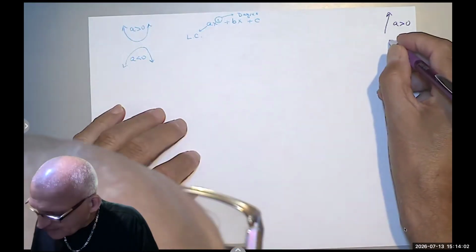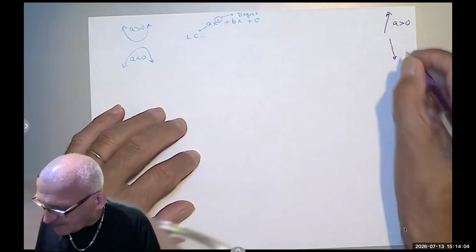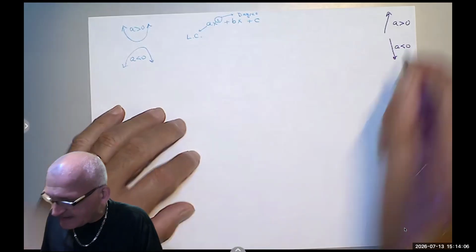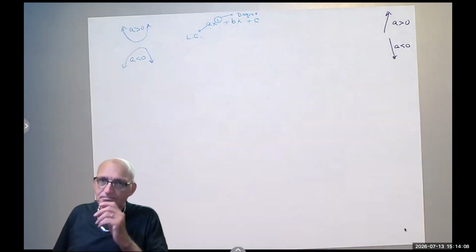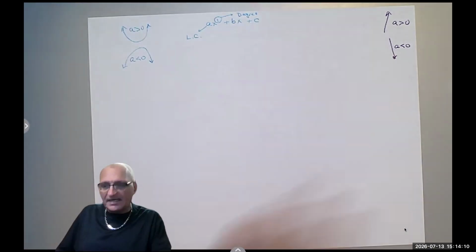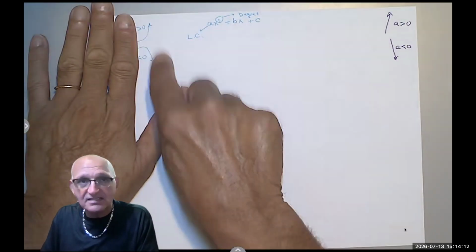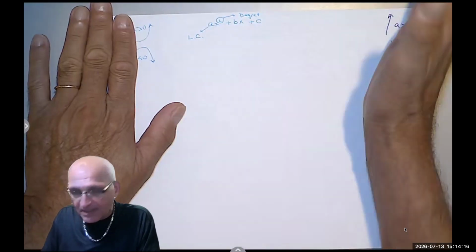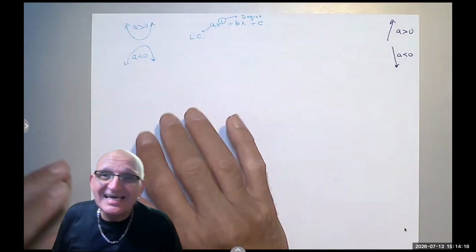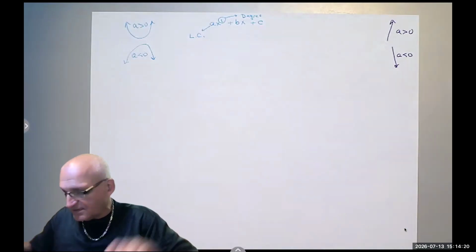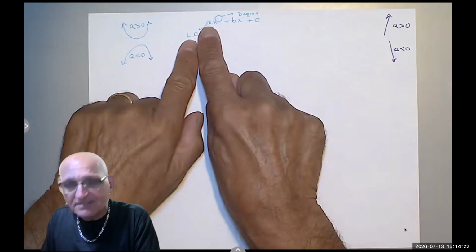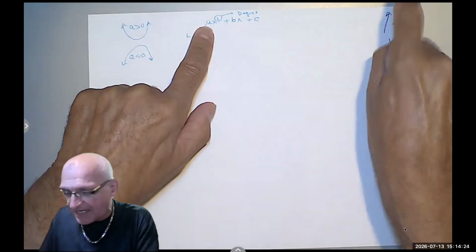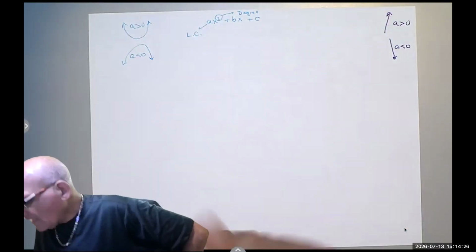And if the graph is going down, then a is less than 0. Okay, let's agree on that. And that doesn't conflict with this, right? If a is positive, it's going up. These we call the end behavior, right and left. So the right follows the sign of a. If it's positive, it goes up. If it's negative, it goes down.